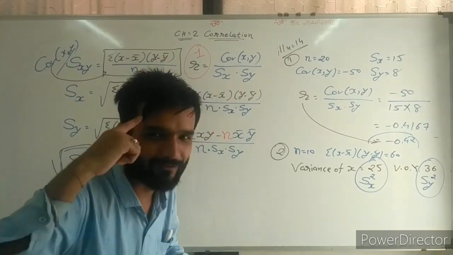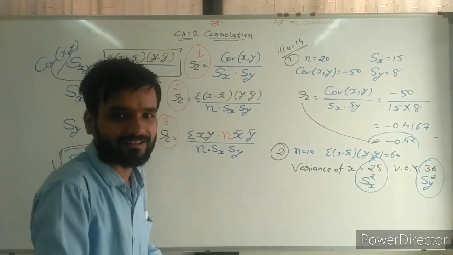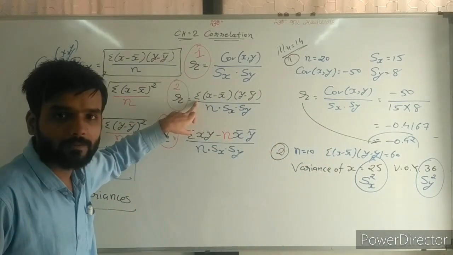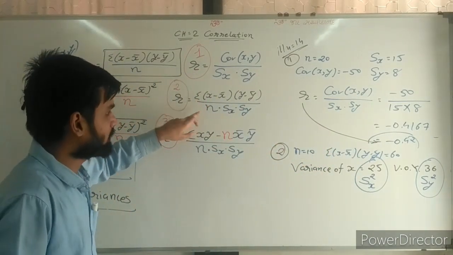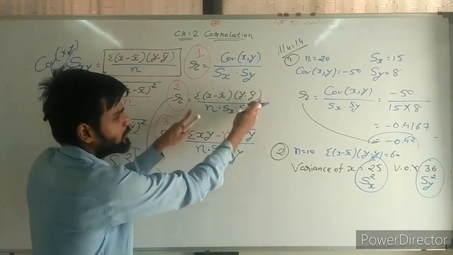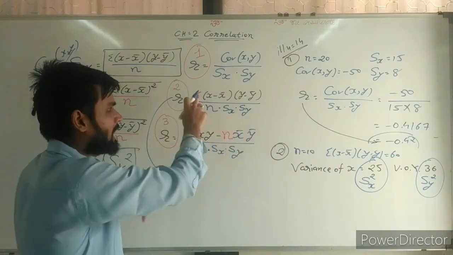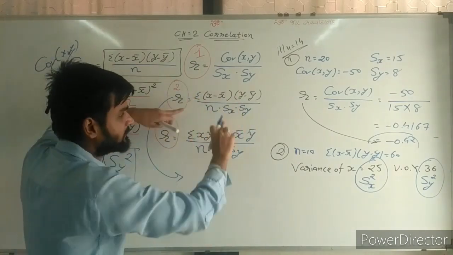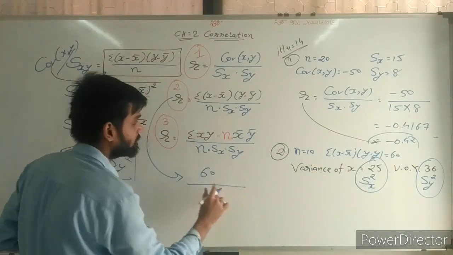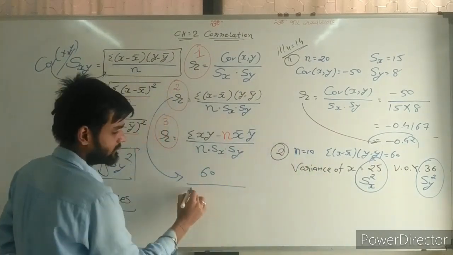Now, sir, remember which formula we are applying here. Sigma of x minus x bar into y minus y bar, plus this formula. Now in this formula we are replacing the values. Write down 60. N is equal to 10.